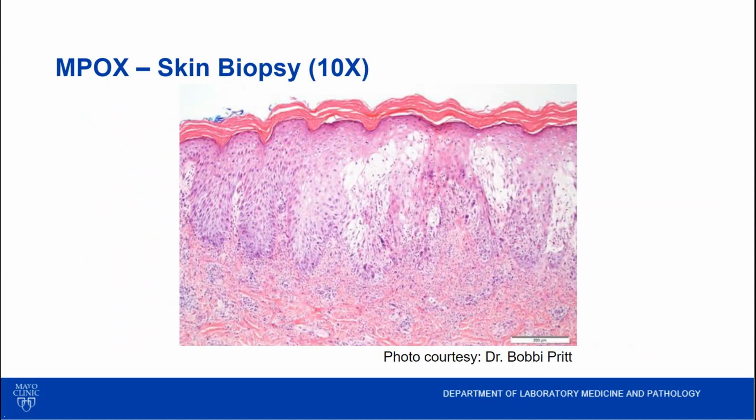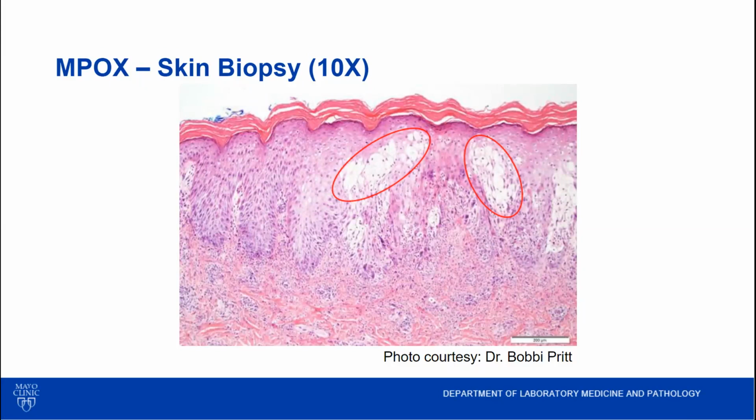So I was able to get a few images from actual skin biopsies from the 2003 outbreak from my colleague Bobby Pritt. And it's interesting to look at the pathology of what's occurring in an MPOX virus infection. You'll see that at the top of these images are areas of clearing of the cells or edema.